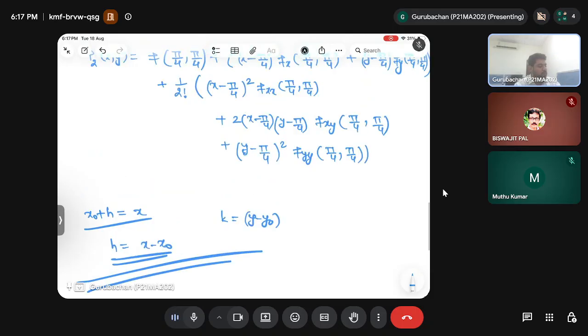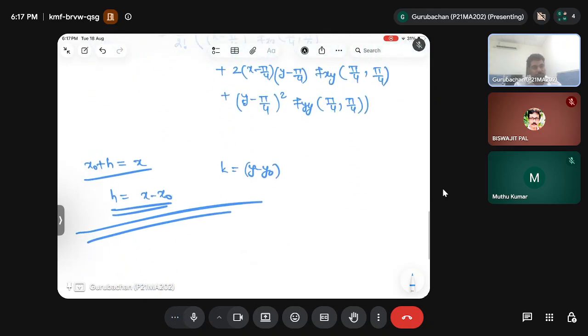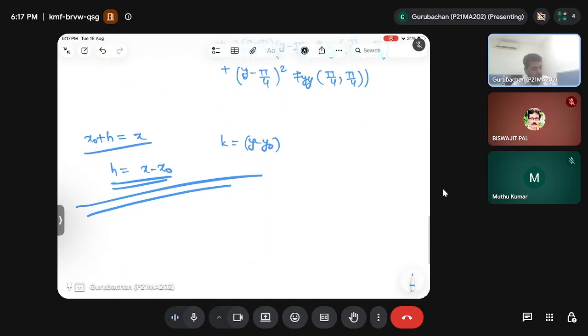So this will be your quadratic polynomial. Obviously, I'm saying quadratic polynomial, so the degree will be 2.